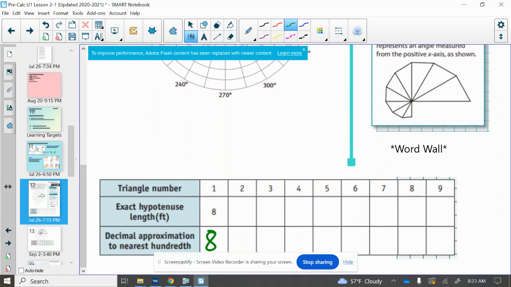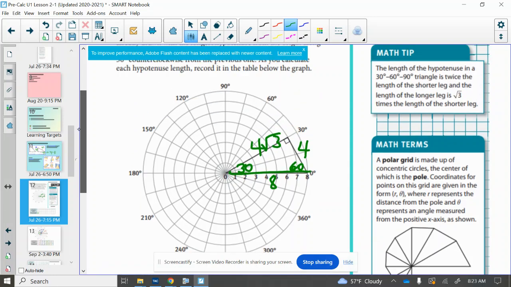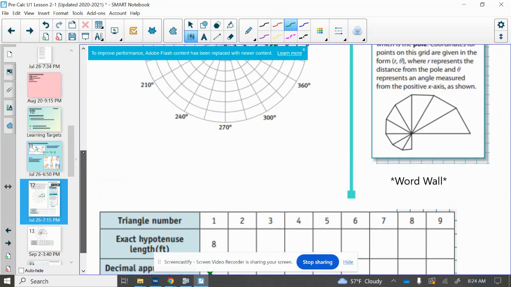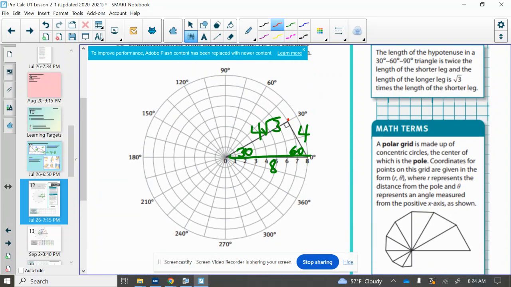So the decimal approximation of 8 is 8. And if we draw in now another triangle to start fitting our pattern, this time we're at 60 here. So again, we have another 30-60-90. Again, to get that side across from the 30, we'll divide our hypotenuse, which now is 4 square root 3, by 2, and then multiply by the square root of 3.